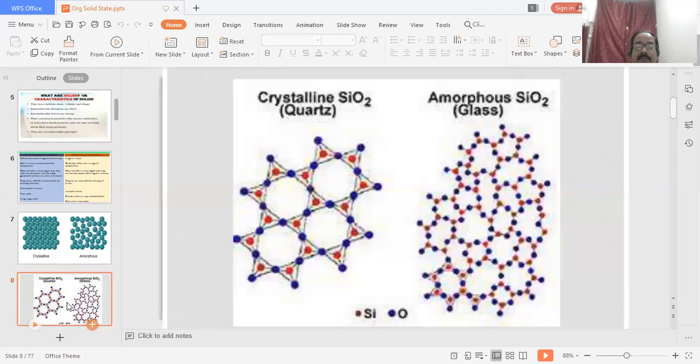This is the example: crystalline quartz, SiO2, silicon oxide, and this is glass, also SiO2, with silicon in red and oxygen in blue. In crystalline the shape and size are fixed, and here they are not fixed.